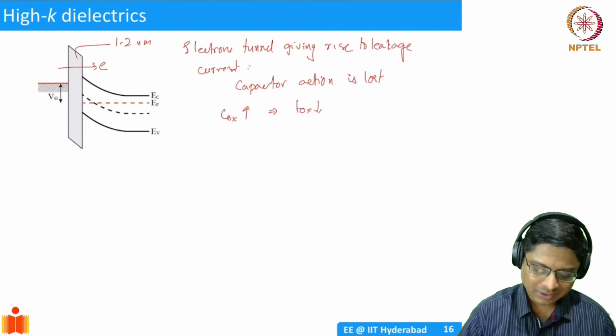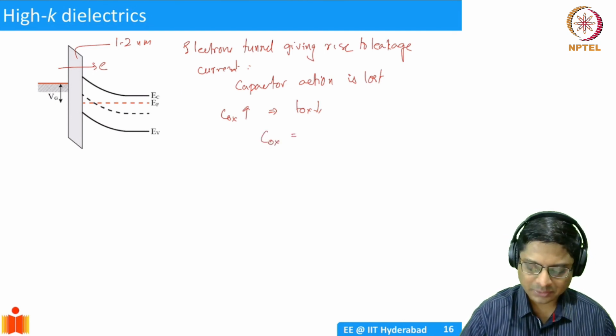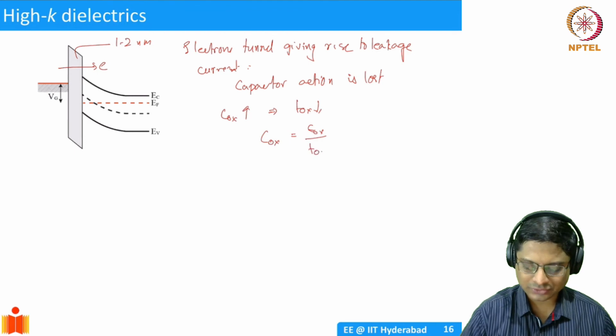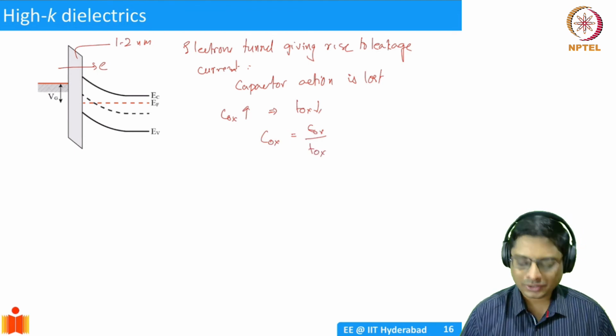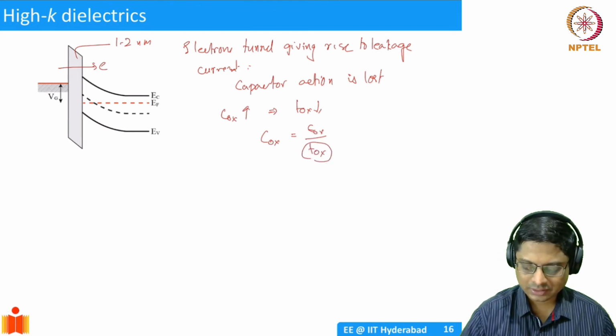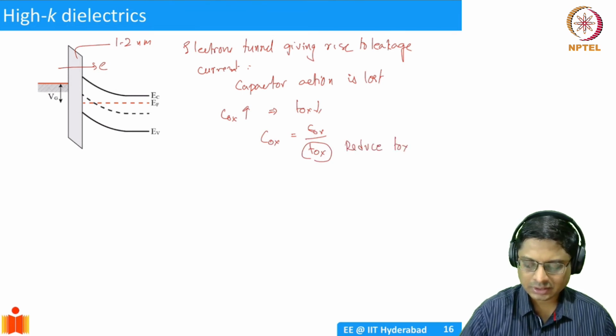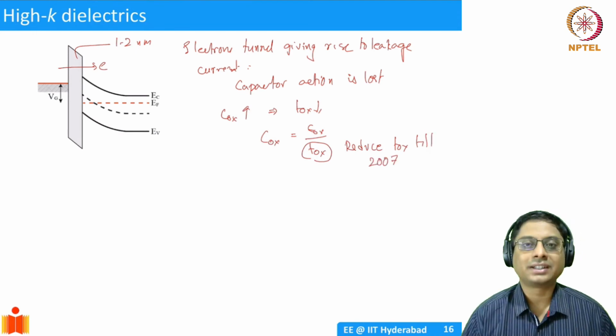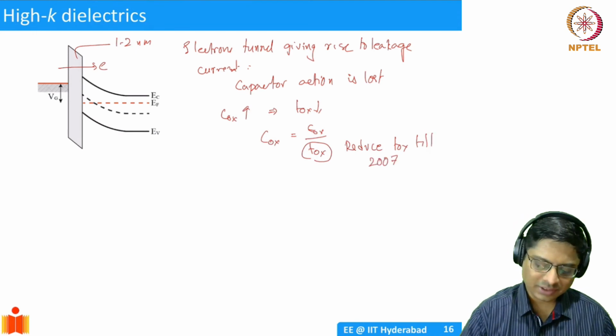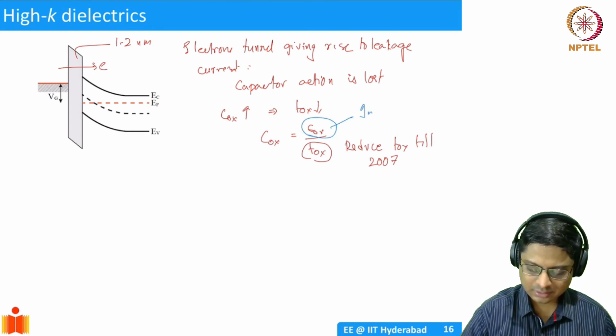What they did was, remember what COX is? COX is epsilon oxide divided by thickness of oxide. All the time we had been reducing TOX, till 2007. But there's another lever that we have, which is to increase epsilon oxide.